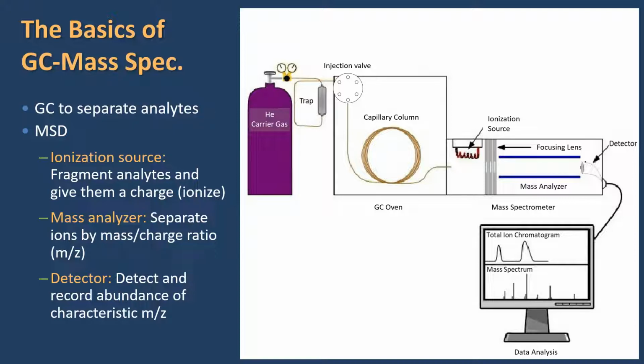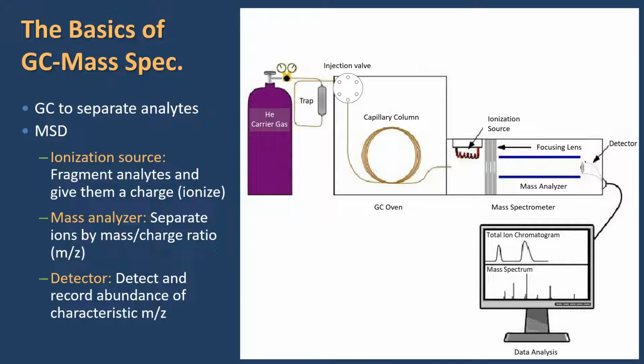In between the two, we have our mass analyzer, and this is a quadrupole. Quadrupole has two electrical fields, one DC, one RF, and they're oriented at 90 degrees. Those two fields are manipulated by the computer associated with that mass spectrometer. And basically, we can tell through the computer the quadrupole to set up so that only a particular mass of interest is allowed to traverse through the quad and hit the detector.